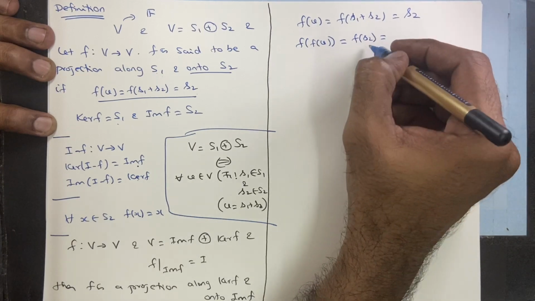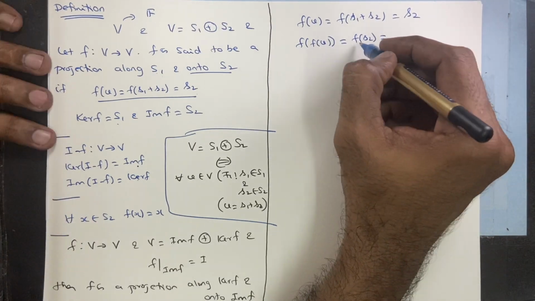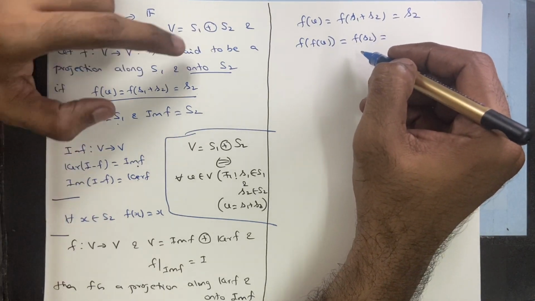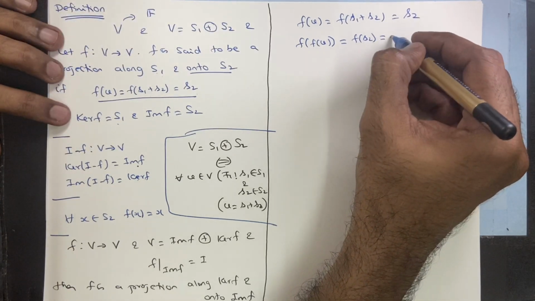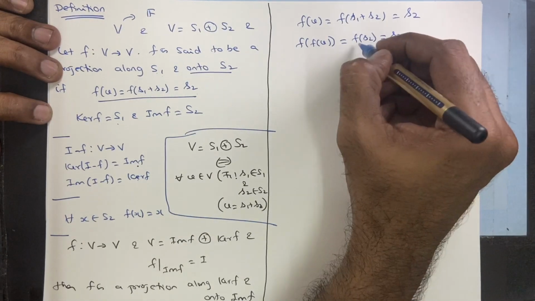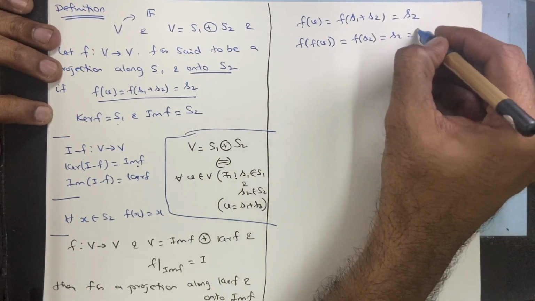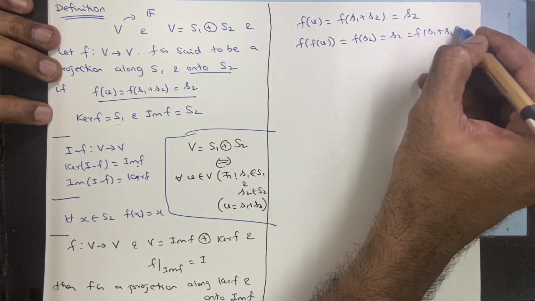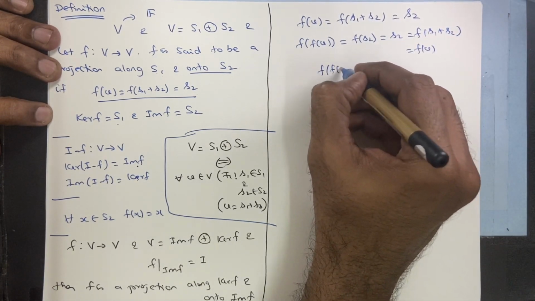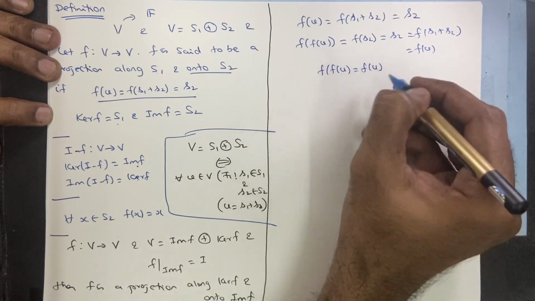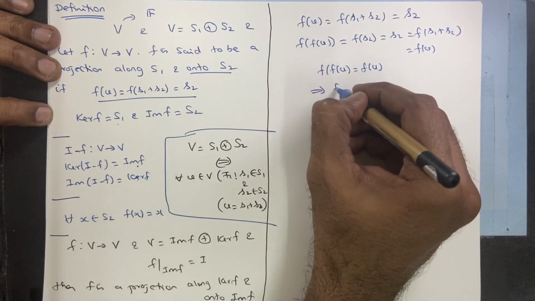And we know f fixes every element of the image of f, therefore it fixes every element of s2, because it is the projection map. So f of s2 is s2, and that is nothing but f of s1 plus s2, which is f of v. Therefore f of f of v is f of v for all v in V. This implies f squared is f.